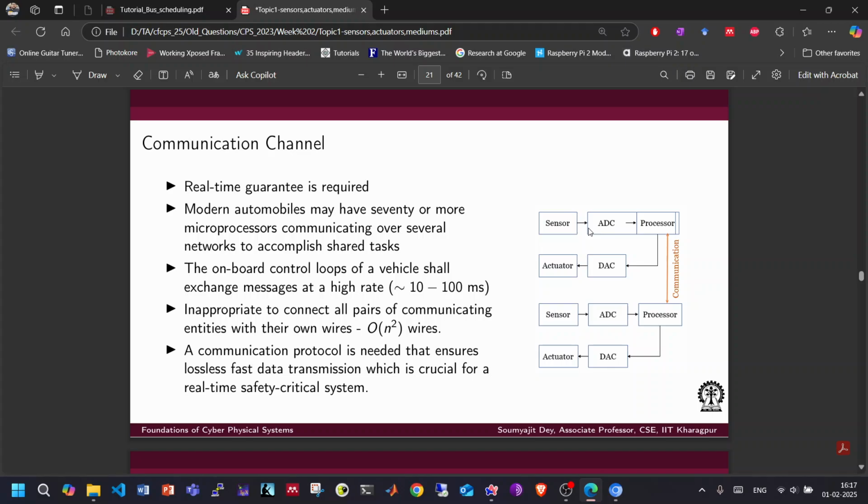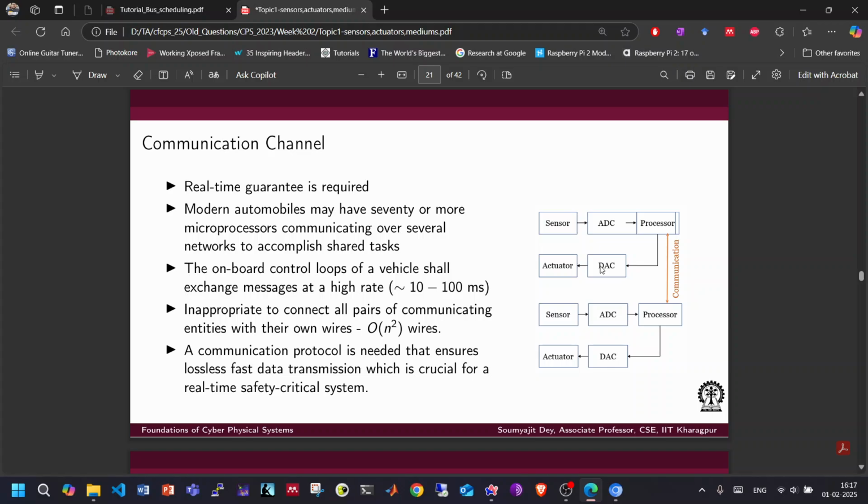In the real world everything happens continuously in the physical system, but in the digital world we do it discretely. In a discrete time frame, the sensor senses the data and sends it to the ADC, the ADC communicates it to the processor. The processor computes the data and uses the DAC to convert the digital signal to an analog signal, and the actuator actuates it.